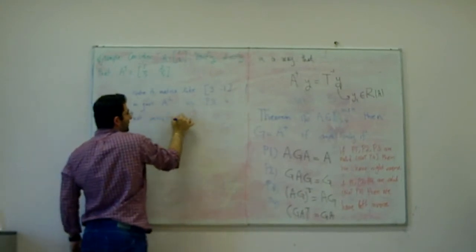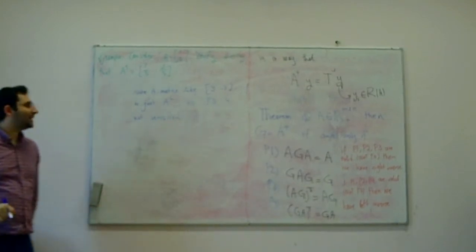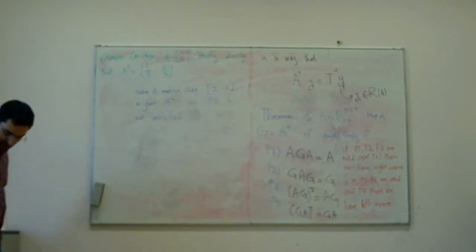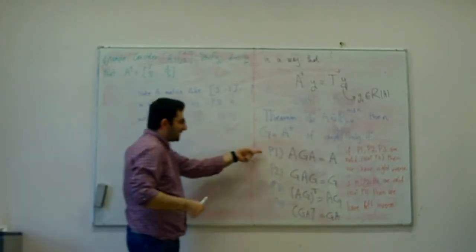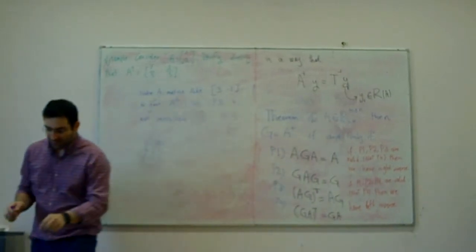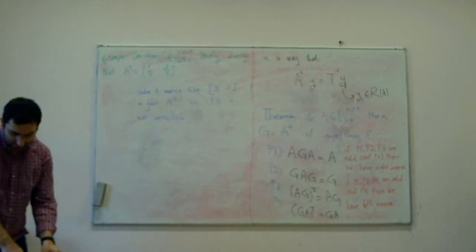In other words, if you take this matrix instead of G, you take 3 minus 1. And if you calculate P1, you see that it is true, P2 it is true, P4 it is true, P3 it will fail.